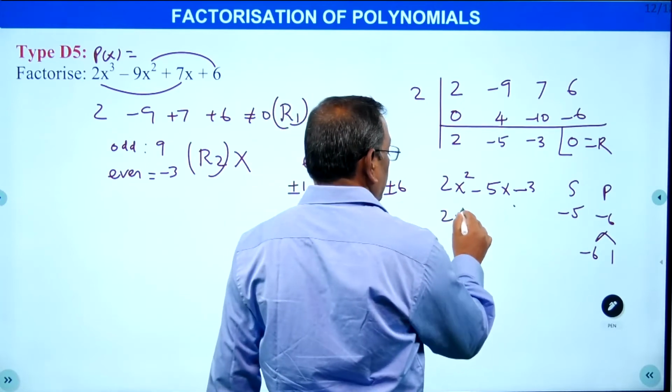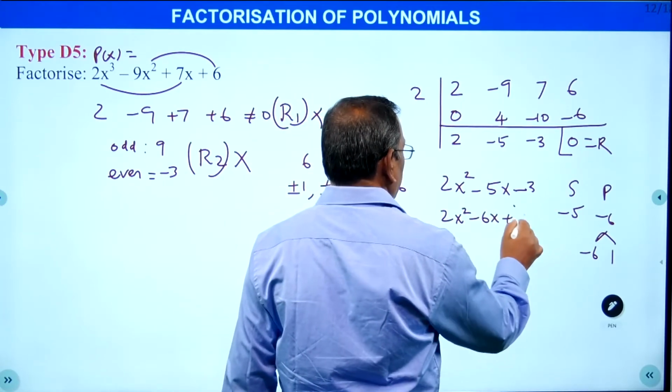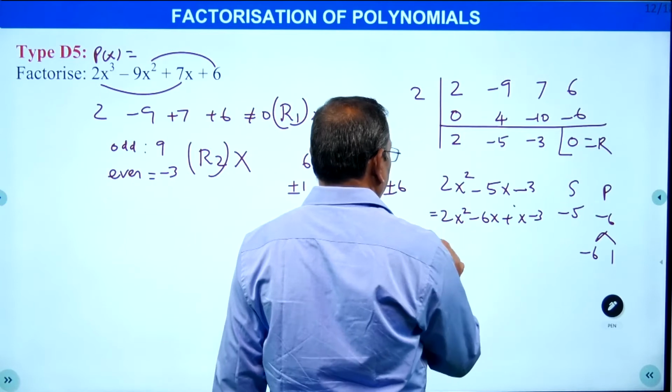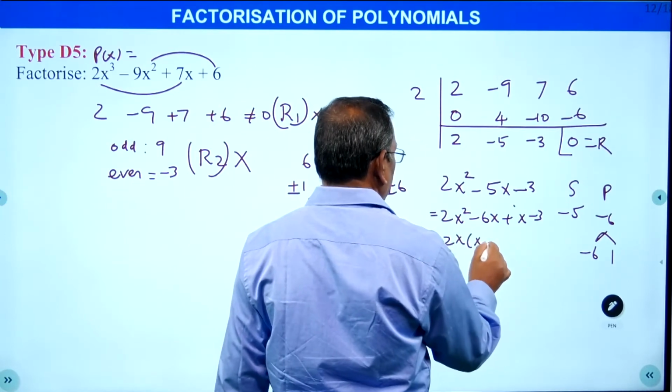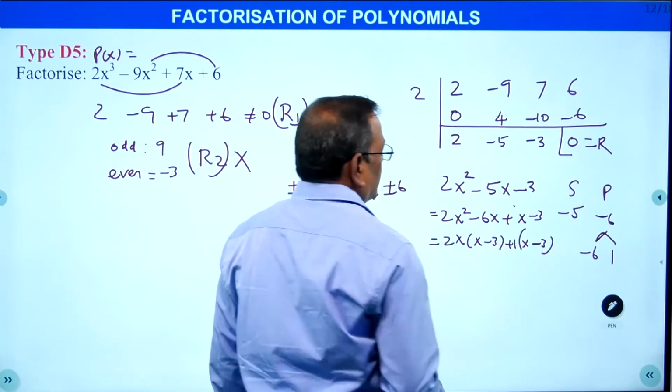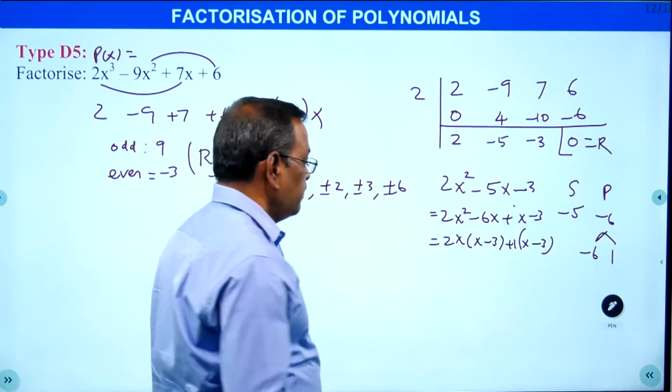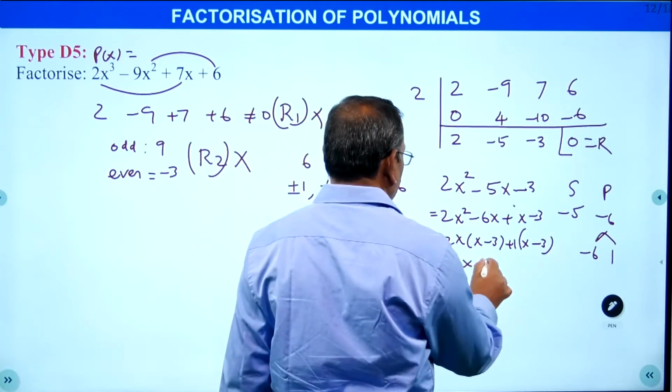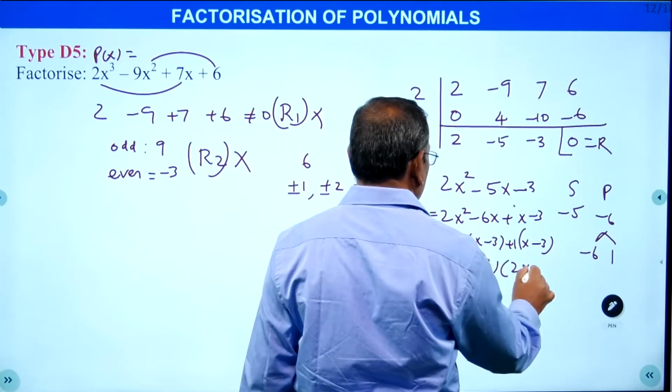So 2x square minus 6x plus x minus 3. 2x into x minus 3, into the corresponding factor is 1, and the factors are x minus 3 into 2x plus 1.